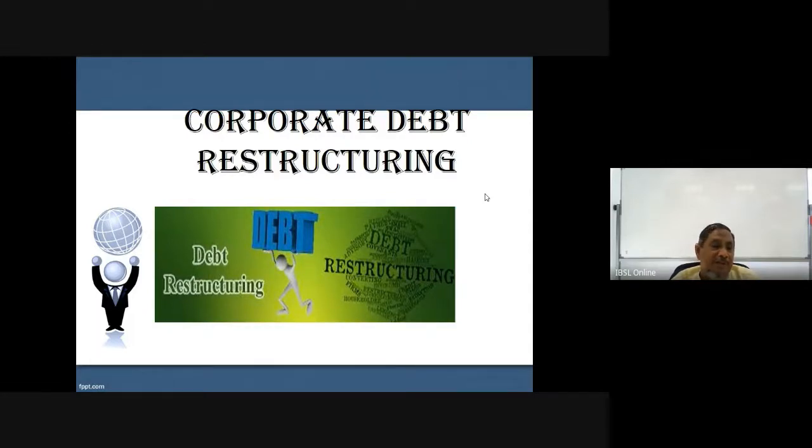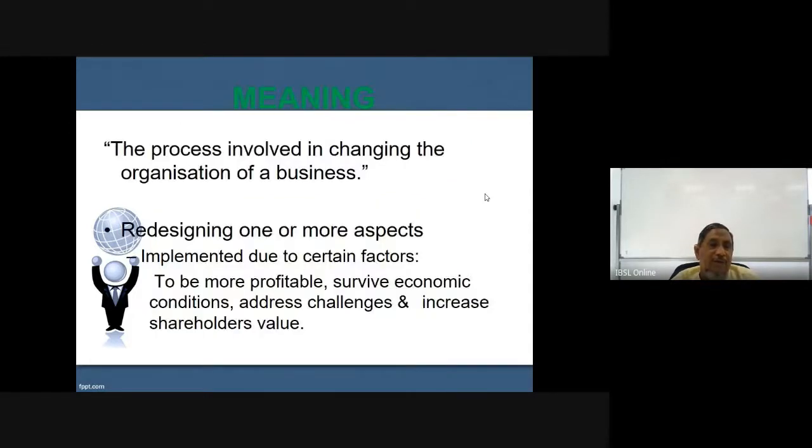Next one, corporate restructuring. The process involves a change in the organization of the business, redesigning one or more aspects, implemented due to certain factors, to be more profitable, survive economic conditions, address challenges, and increase shareholder value.